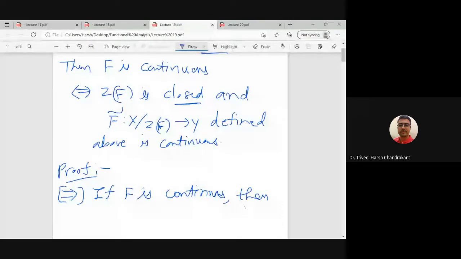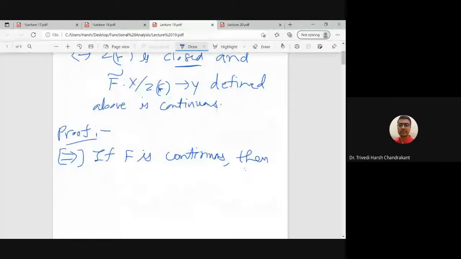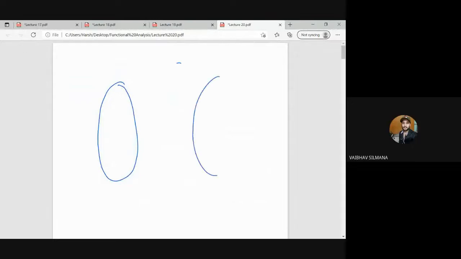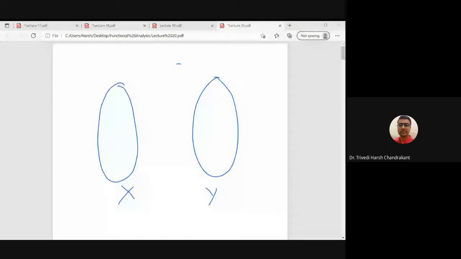Yes, sir, for closed it will also be closed. Yes, it is closed. So do you remember the proof? What is the idea?